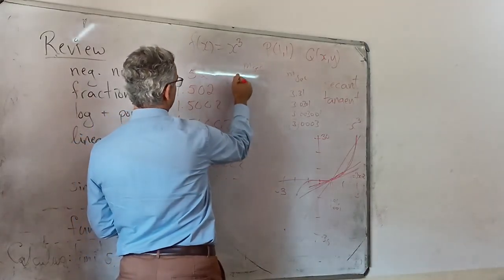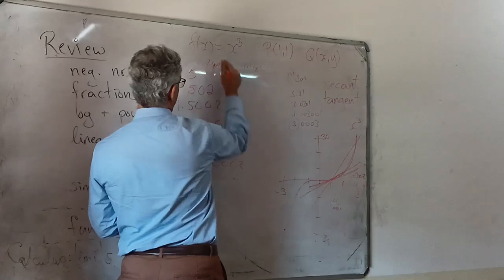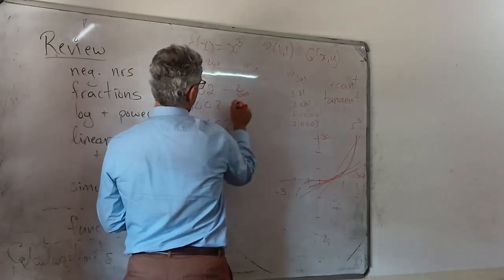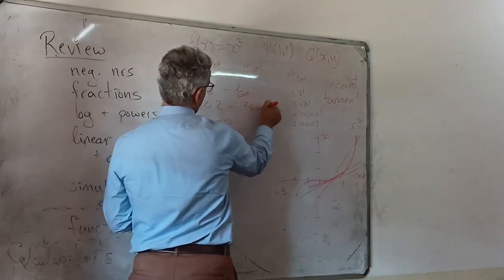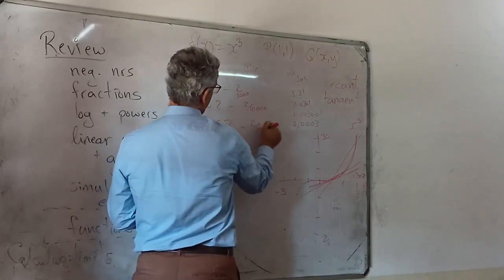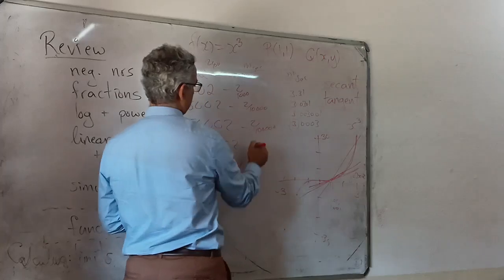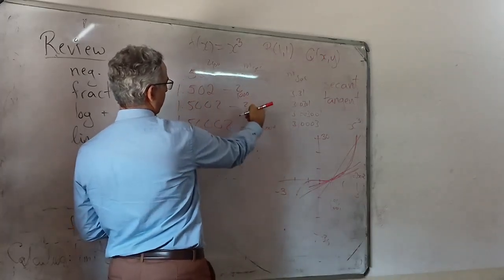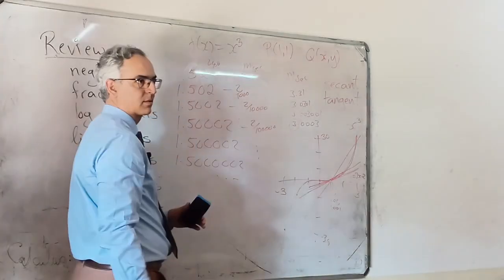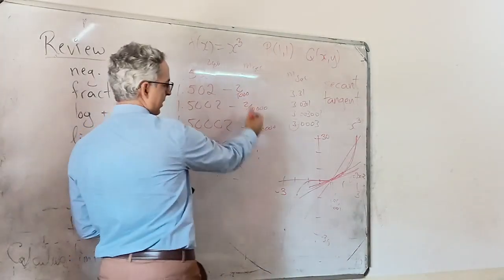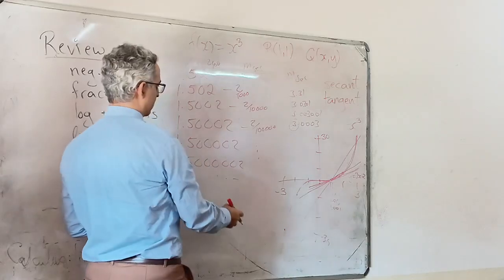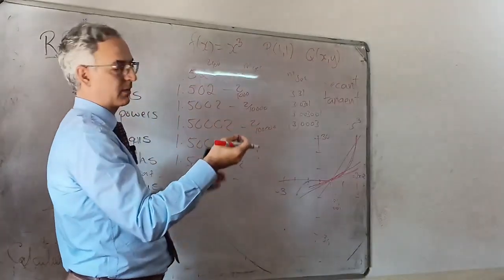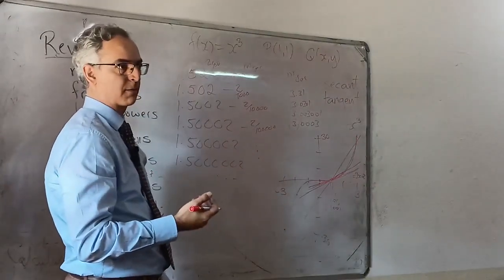Here, this is 2 thousandths. Here, 2 ten thousandths. Here, 2 hundred thousandths, and so on. So it's 1.5 plus something getting smaller and smaller, eventually almost 0. So 1.5 is the number that this sequence is approaching, and we say the limit is 1.5.